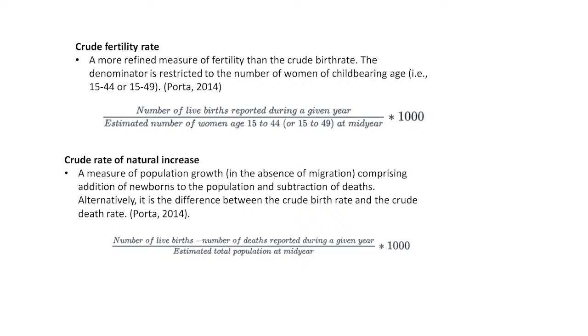Alternatively, it is the difference between the crude birth rate and the crude death rate. Number of live births minus number of deaths reported during a given year divided by the estimated total population at mid-year, multiplied by 1,000.